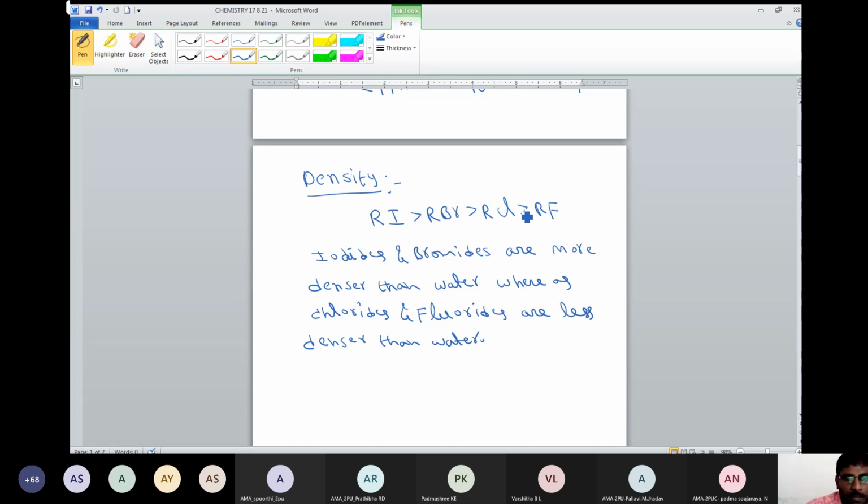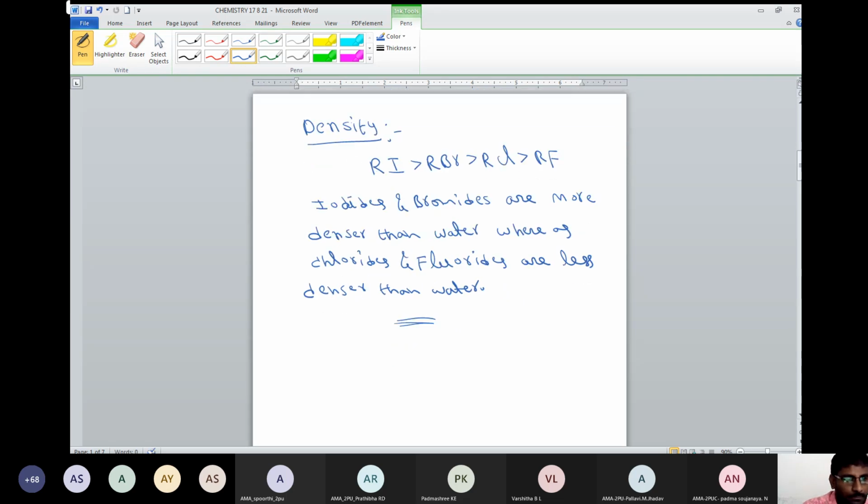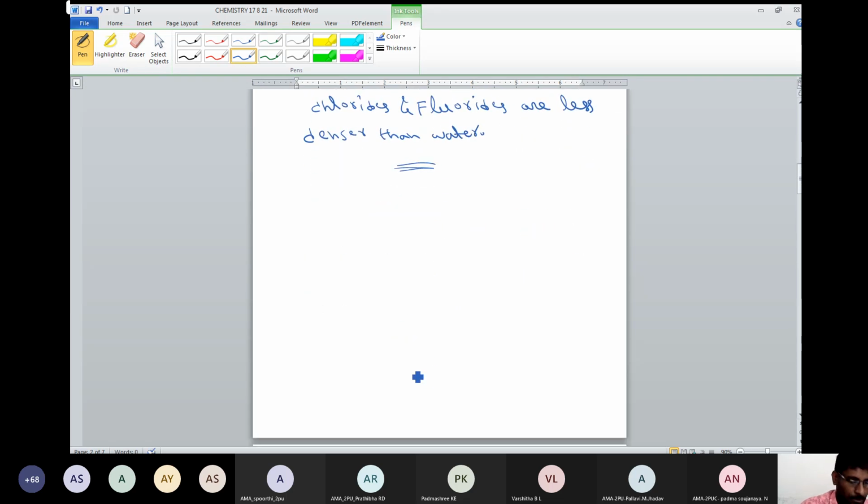Chlorides and fluorides are less dense than water. And the density order is iodides most dense, fluorides least dense. So this is all about physical properties.